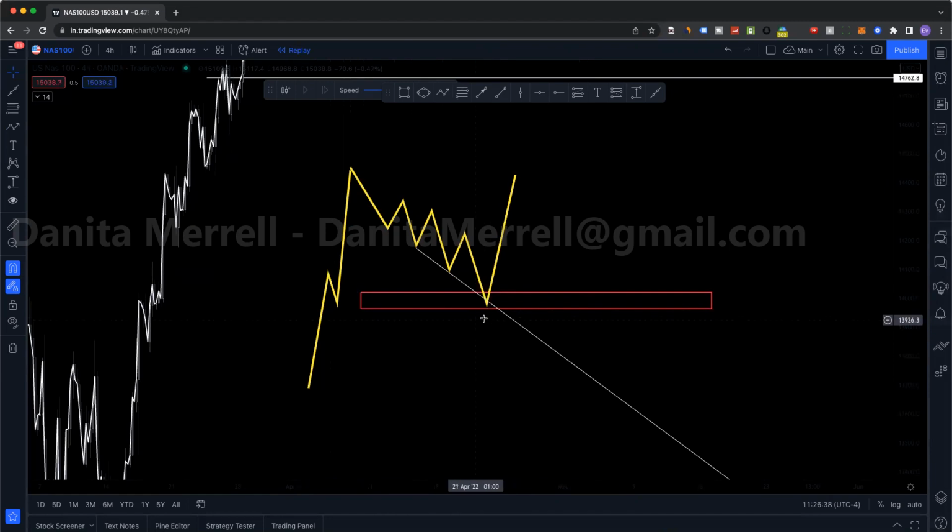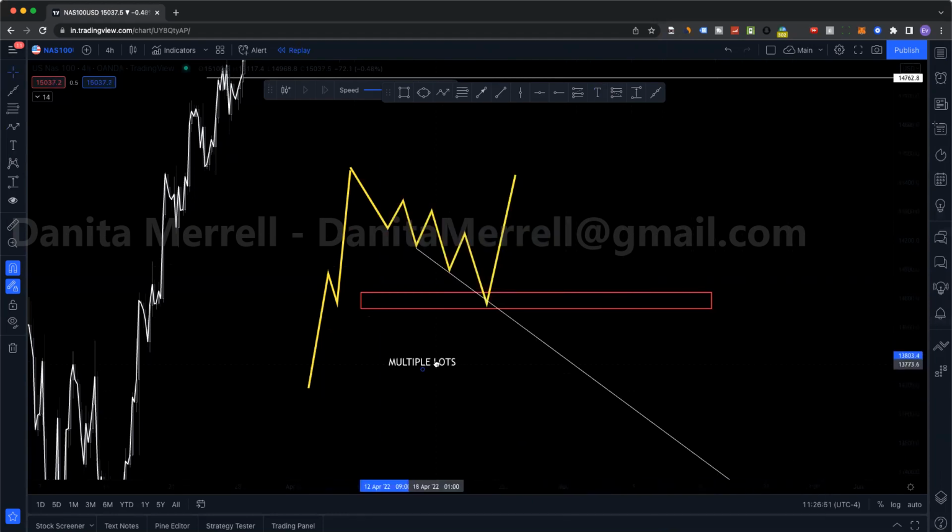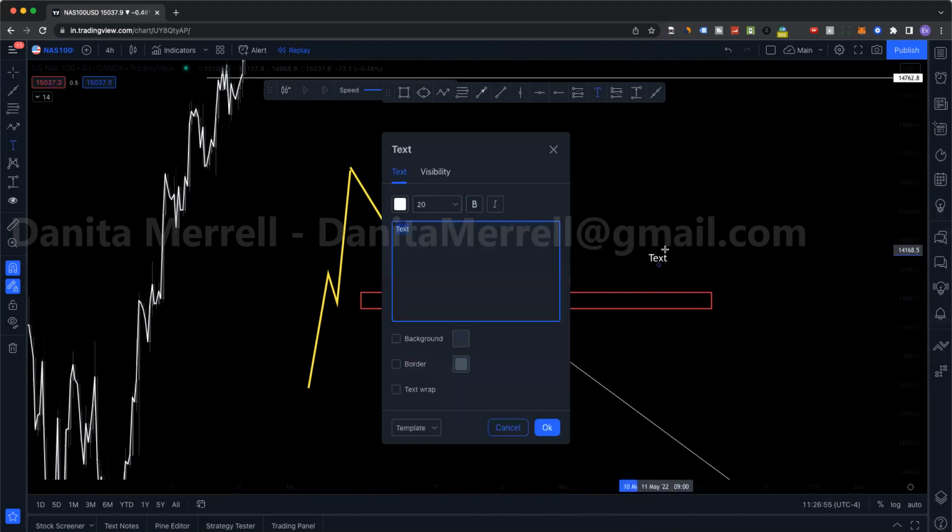So you have your initial entry, okay? And there's a couple ways you can manage this. So you have multiple positions, multiple lots, okay? So what I tend to do is I'll take several lots, one for scalps, one for swings.